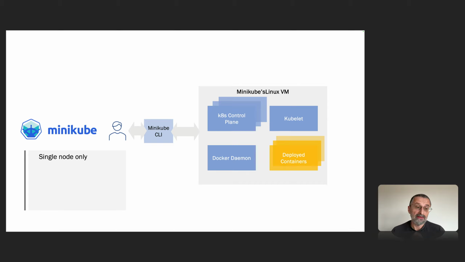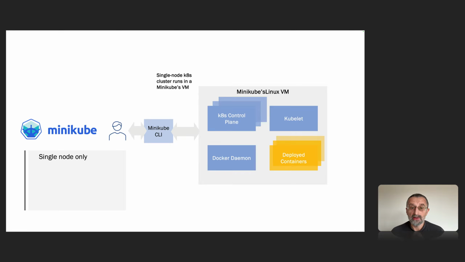Okay, there's also another option, Minikube, a lightweight distribution of Kubernetes. This is single node only, so you may use it just to learn Kubernetes or test it locally, test your local deployment scripts. So you have once again the Minikube command line interface and Minikube's Linux virtual machine as in the case of Docker.